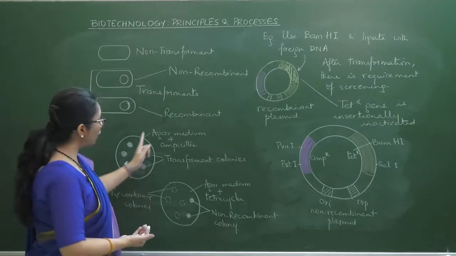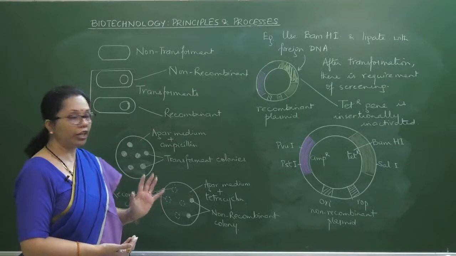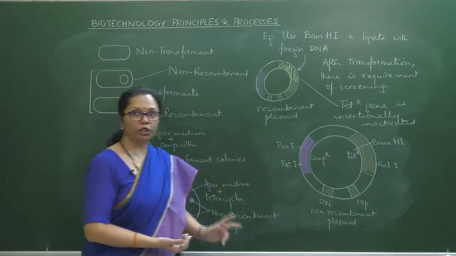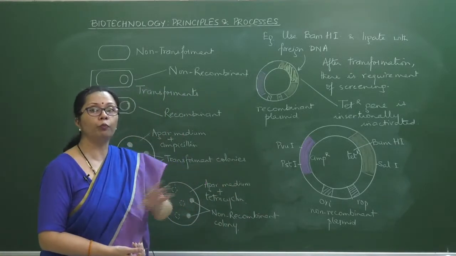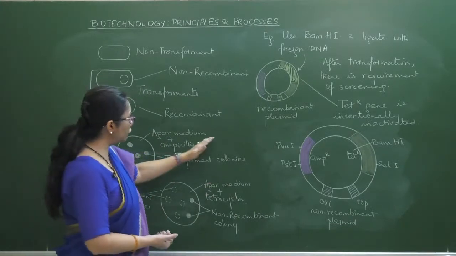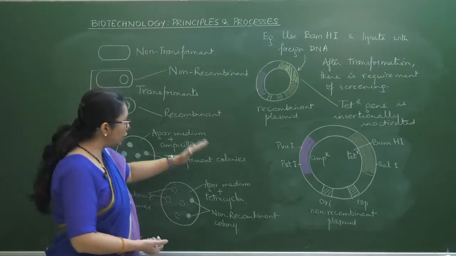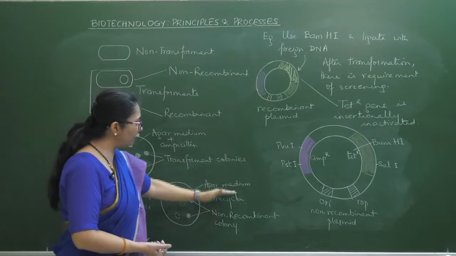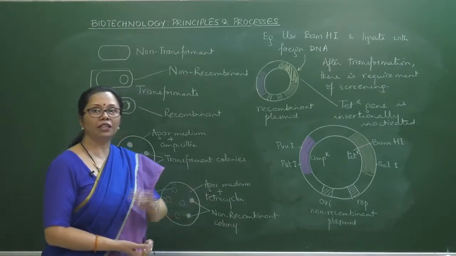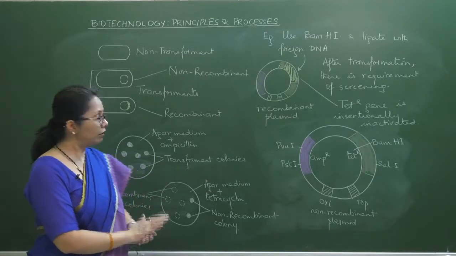Okay, so that's why the screening is very difficult here when we are using pBR322, because we have to prepare two plates. One plate first with ampicillin, by which we are able to select transformants, non-transformants die. Then out of these transformants we have to select recombinants and non-recombinants. I think it should be clear up till here, right?